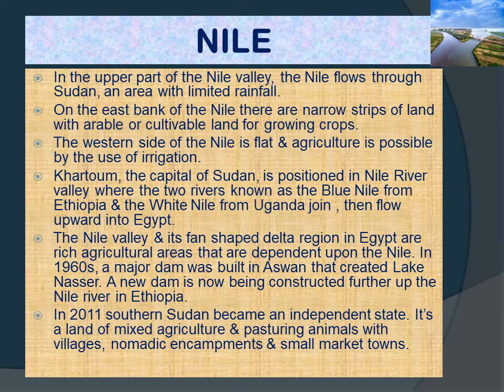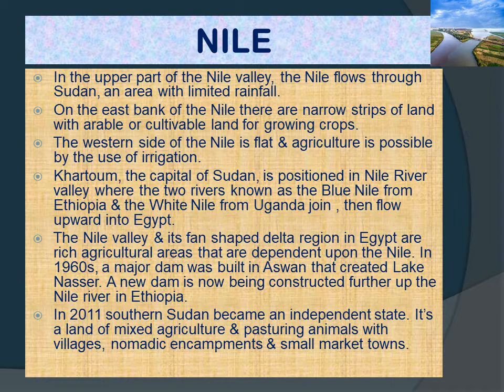Let us see this beautiful river Nile. In the upper part of the Nile Valley, the Nile flows through Sudan, an area with limited rainfall. On the east bank of the Nile, there are narrow strips of land with arable or cultivable land for growing crops.